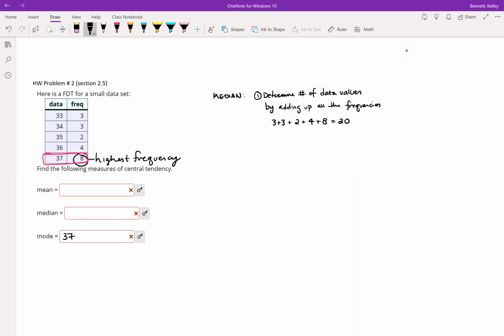So if I have 20 data values, I need to figure out where the middle of that is. That's going to be between the 10th and 11th.